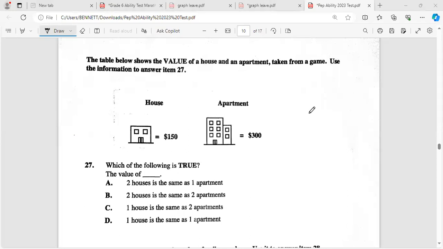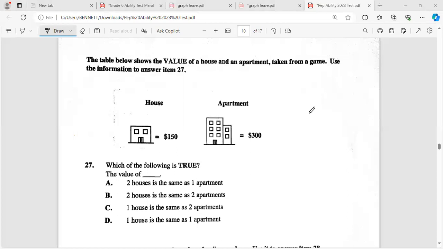Okay, sir. So as you can see, one house is $150 and one apartment is $300. So it's asking which of the following is true. Okay, so two houses is the same as one apartment. Two houses is the same as two apartments.